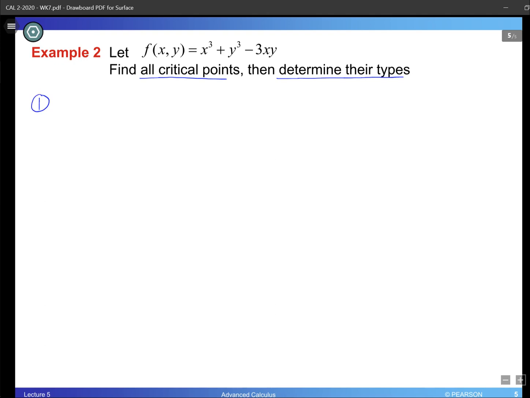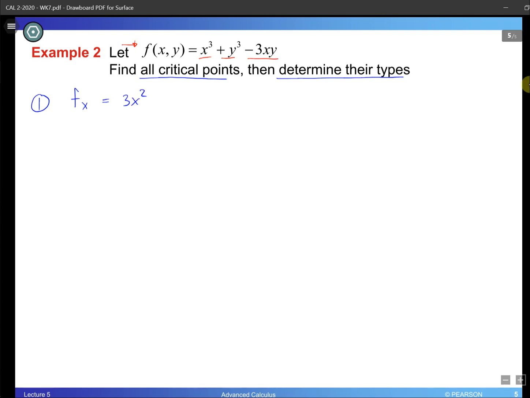And we need to find the partial derivative of f with respect to x first. Let's differentiate this with respect to x. This one with respect to x, we get 3x squared. Differentiate this one with respect to x, we get 0. This one with respect to x, we get minus 3y.